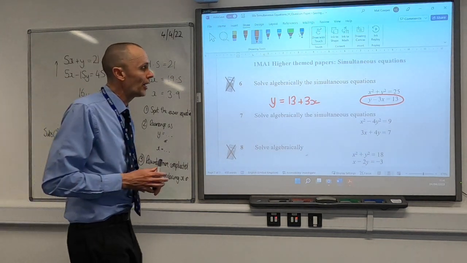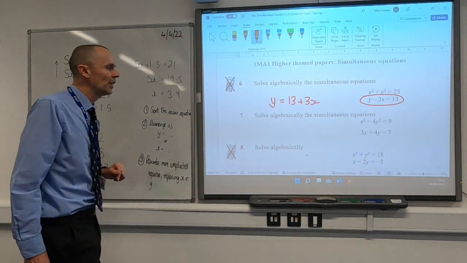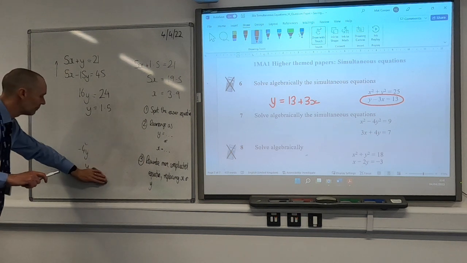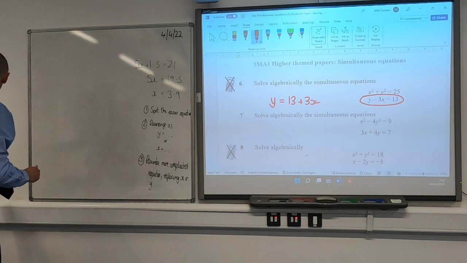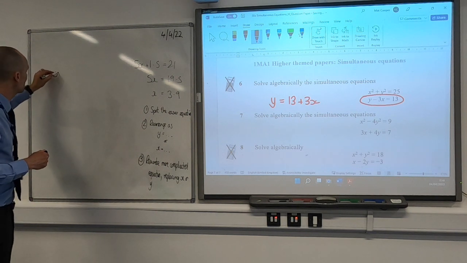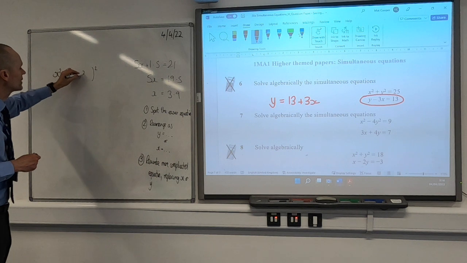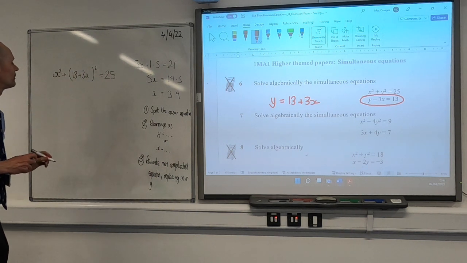So I have rearranged my simpler equation as y equals. So I'm going to rewrite my more complicated equation, but I'm going to replace the y with 13 plus 3x. So it becomes x squared plus (13 plus 3x) squared equals 25.